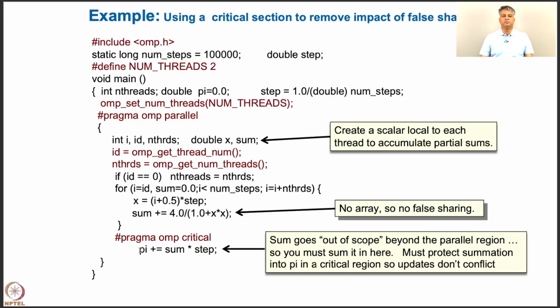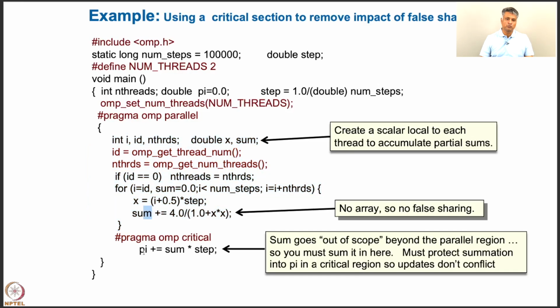We then compute the sum of pi using this critical statement. Because sum goes out of scope beyond the parallel region, we must have this statement within the parallel region, but we need to ensure its consistency by putting in a critical statement. So what this means is that all the threads will go ahead and do this computation first and will have their respective sums.